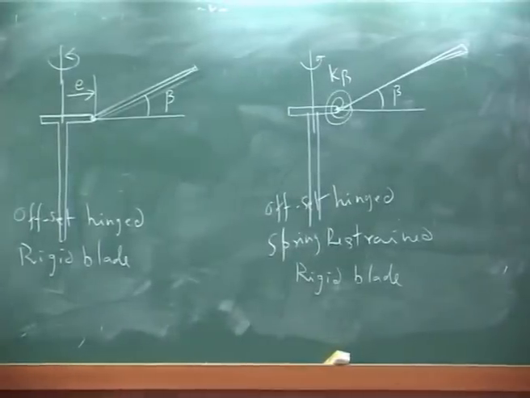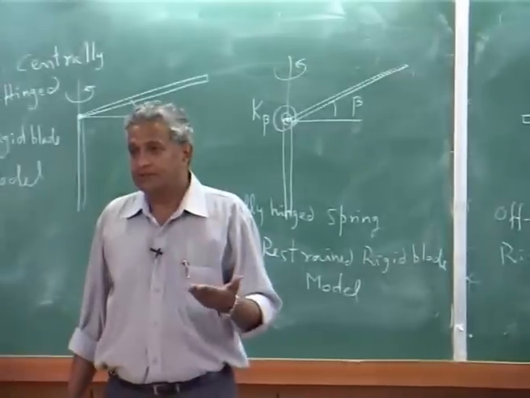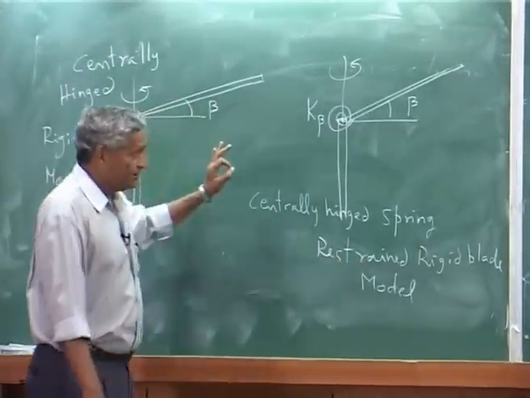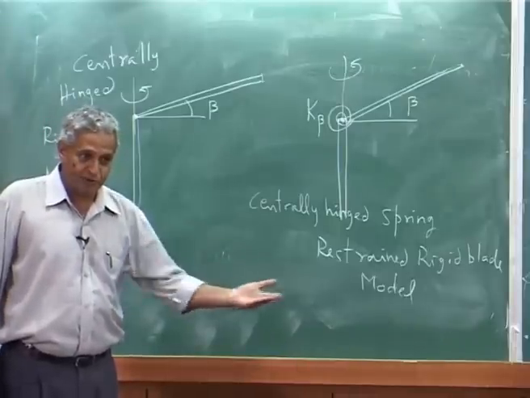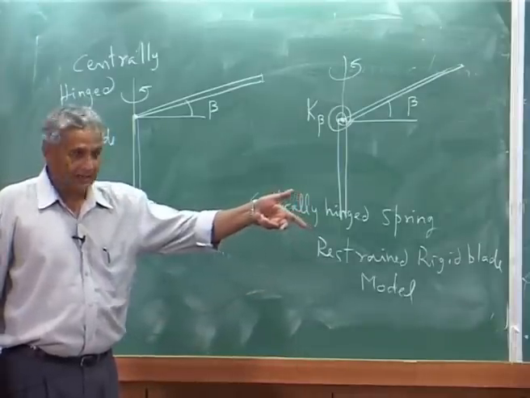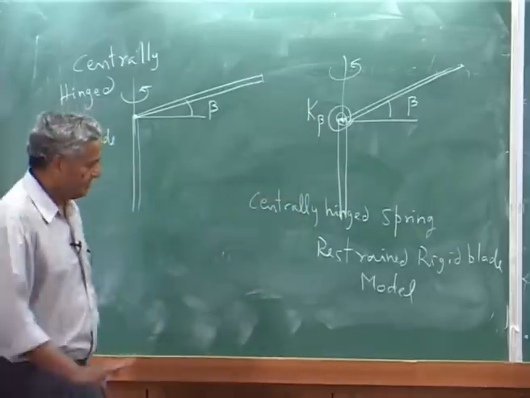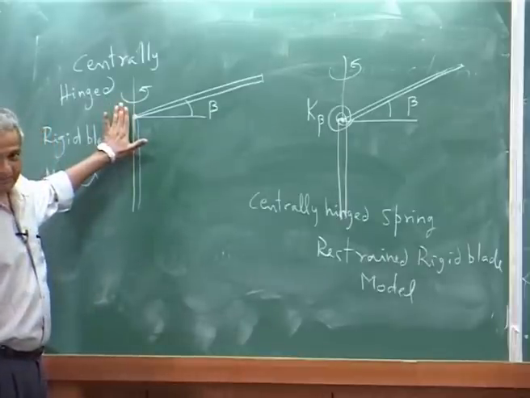So that you will slowly understand what it really means when you do a blade analysis. Because please understand, we are talking only about the flap motion. Similarly, you can have lead-lag motion and then torsional motion. And then all of them can be coupled. But we will restrict ourselves to first this type of model.